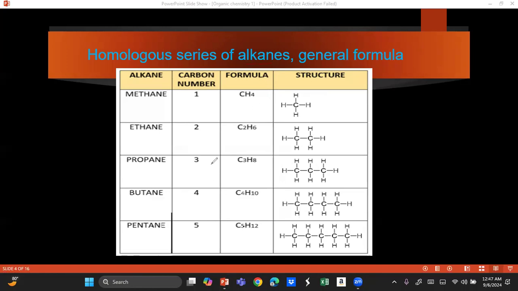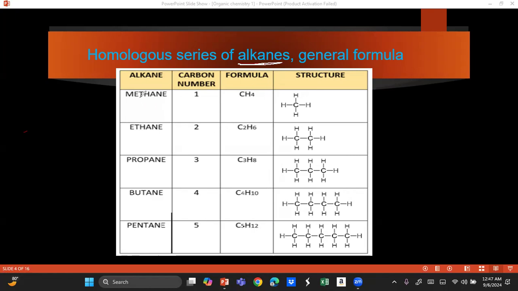Must keep in mind, these are alkanes, and this is the homologous series of alkanes. These are the first five members of alkanes which are given to you, and you need to know the names of the first five members and their chemical formulas.